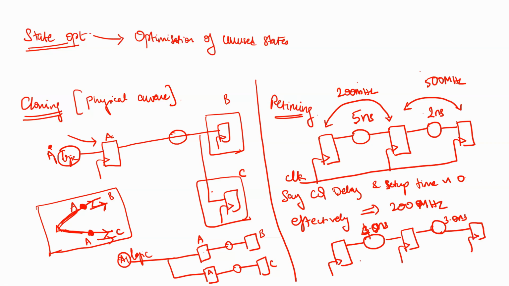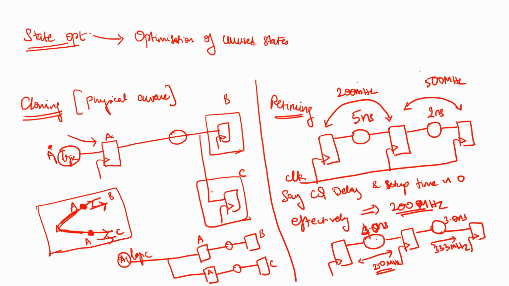Now this portion of logic will be able to work at 250 megahertz, and this portion of the logic will be able to work at 333 megahertz, correct? So effectively I will be able to work at 250 megahertz, which is the minimum of both. So a circuit which was working at 200 megahertz, by partitioning the logic.